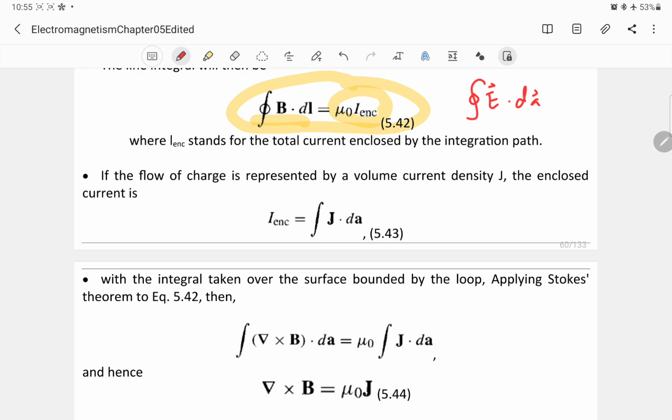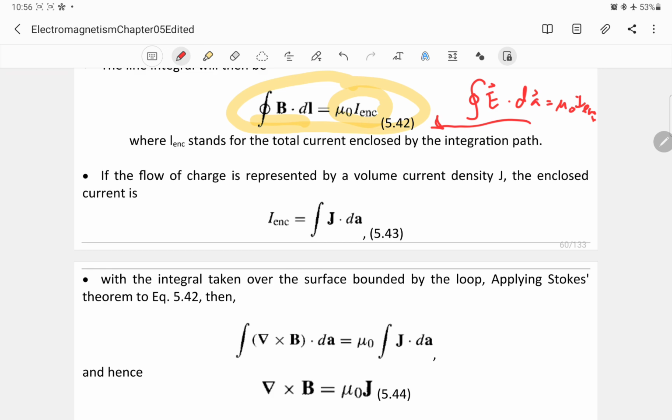In this case you have a dA because you're using a Gaussian surface, say a spherical surface or a cube or any symmetric surface. So this is mu sub 0 I enclosed, and for your magnetic field it would be this.